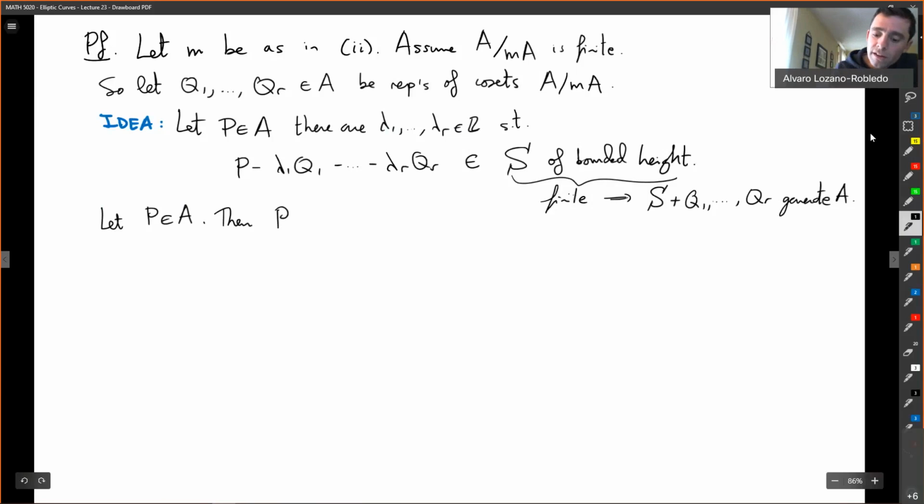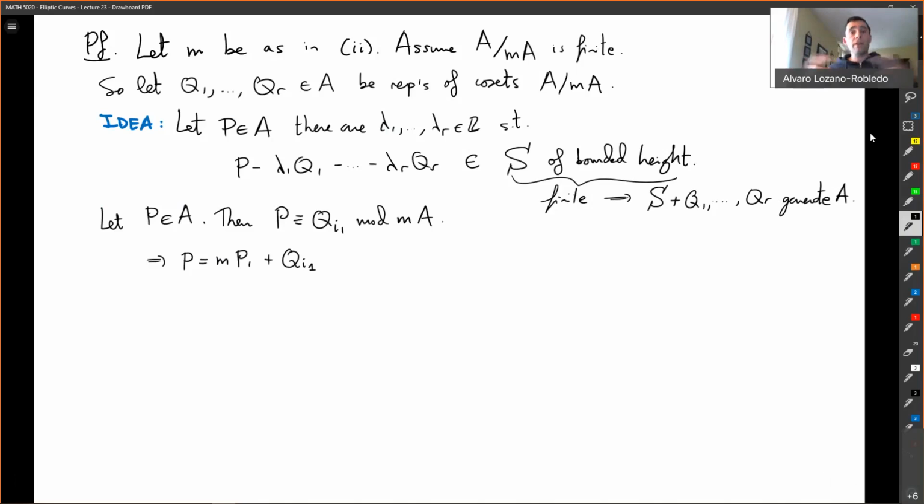So P is congruent to some Q, some index, I don't know which one, I1, modulo MA, right? So what that tells me is that P minus Q I1 is a multiple of M. So P is M times P1 plus Q I1, for some P1.